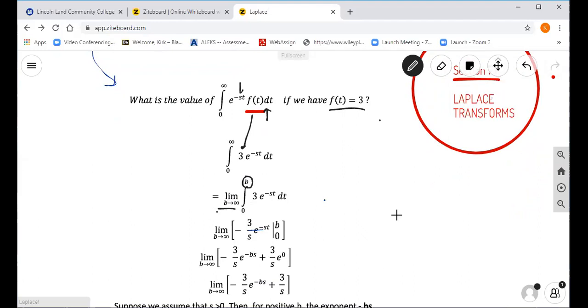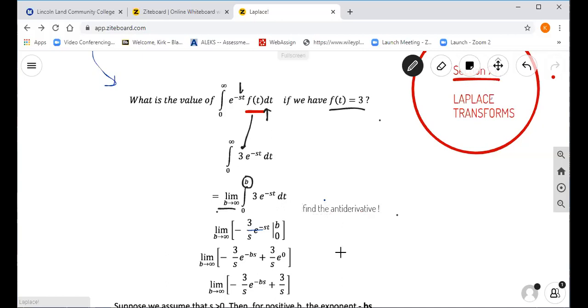Well, now that we've got that integral with the infinite limit replaced with a finite upper limit b, we can take a look at what we get when we do that. So let's go ahead and now find the antiderivative for that.